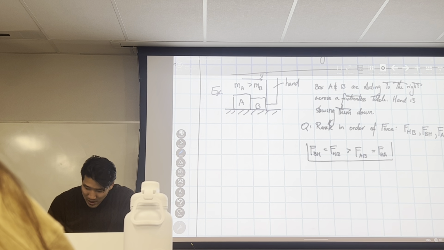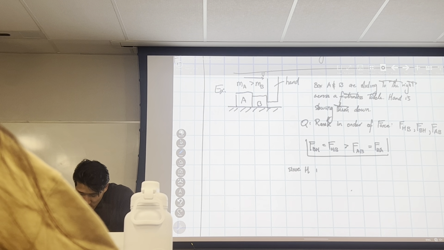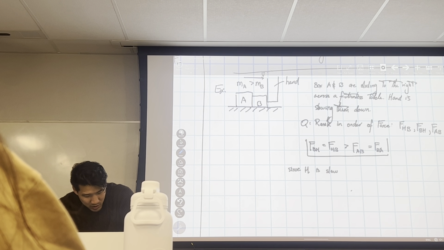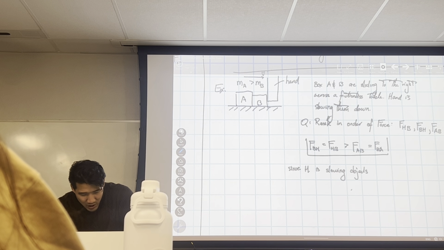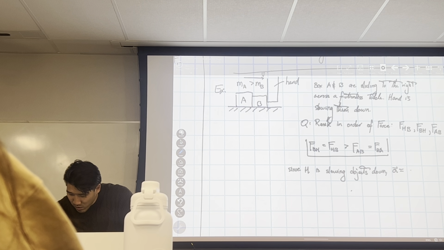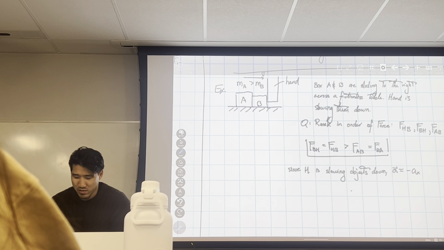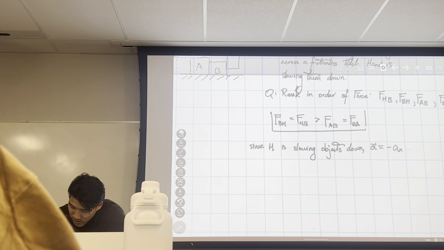So, since the hand is slowing the objects down, a is equal to negative a_x.